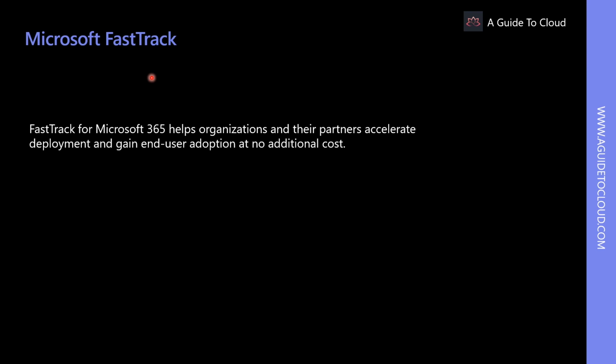FastTrack for Microsoft 365 helps organizations and their partners accelerate deployment and gain end-user adoption at no additional cost. When planning your rollout path, you should also consider using FastTrack offers in your deployments.